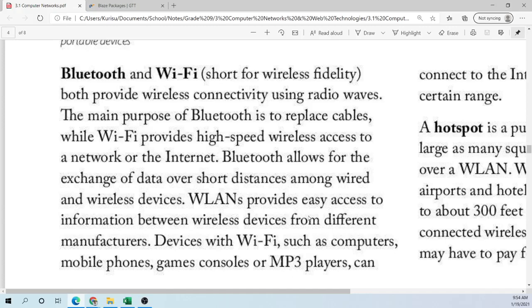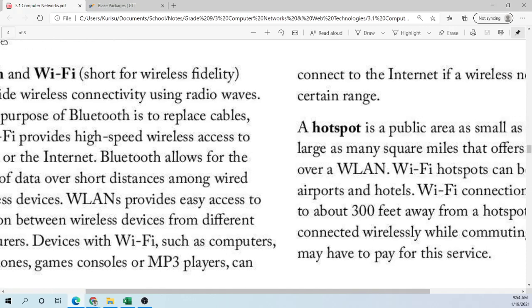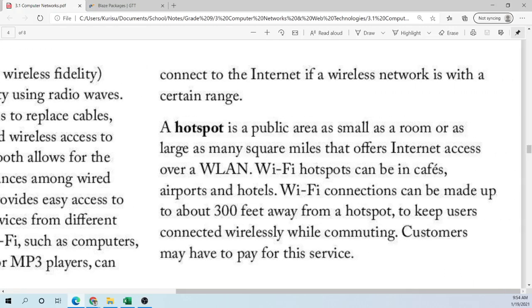We have computers, phones, even your game console, your MP3 player. Almost any device today would have a Wi-Fi connection. Even some smartwatches have Wi-Fi connection, because many people want to share data, so they make that connection available. Now, the third kind of wireless connection that we have is a hotspot.